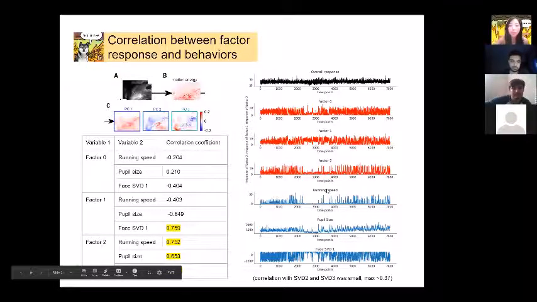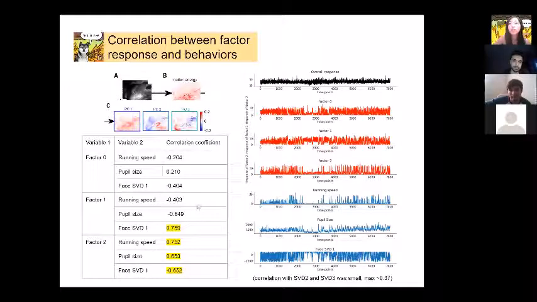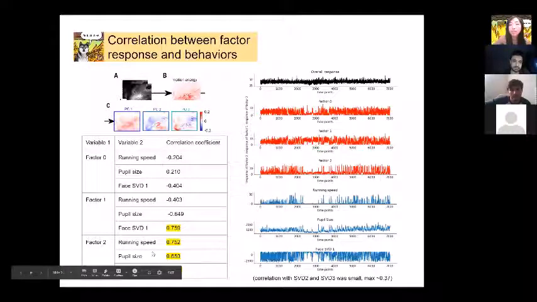One is running speed, and one is pupil size. The other one is the first principal component of the face movement. Then you can do a correlation between these factor responses and the behavior data. Here I just list all the correlation coefficients, and you can tell that factor 2 correlates with all of these behavior data pretty well, and also factor 1 correlates with the face movement.